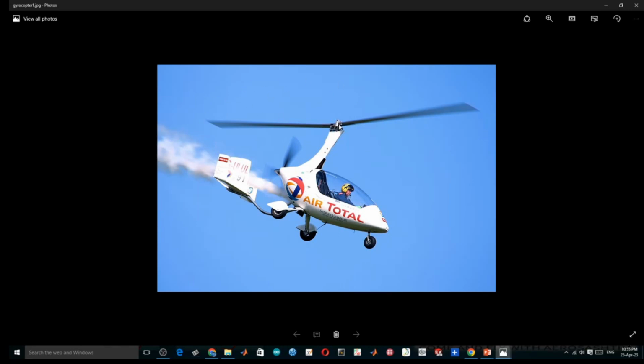The main thing here is that it doesn't have any engine to rotate this wing, which rotates automatically. So this kind of aircraft is called a gyrocopter. You see how it rotates.